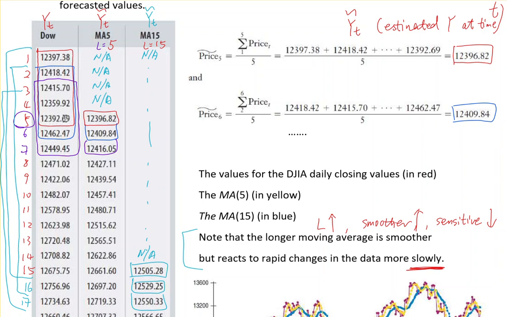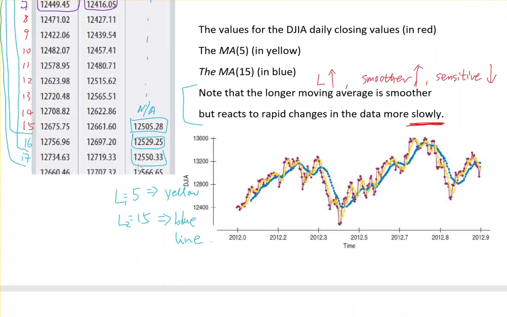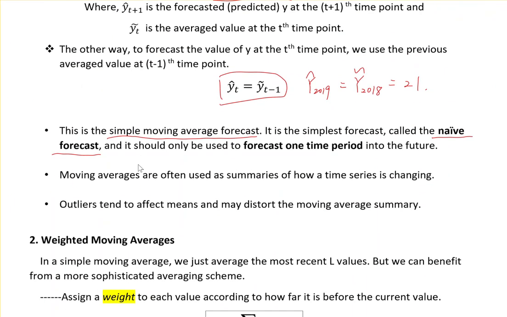So we are assuming that every observation contributes equally to the prediction or the forecasting. All right, so that's why we call it naive forecast, because in the real world, it will not be exactly the same contribution for the prediction, right?